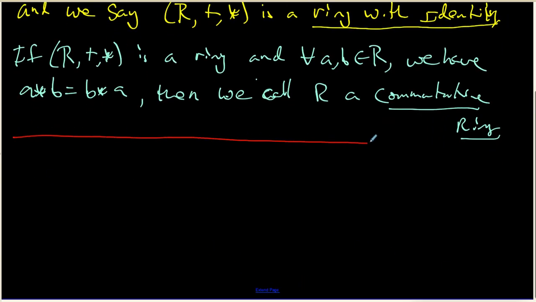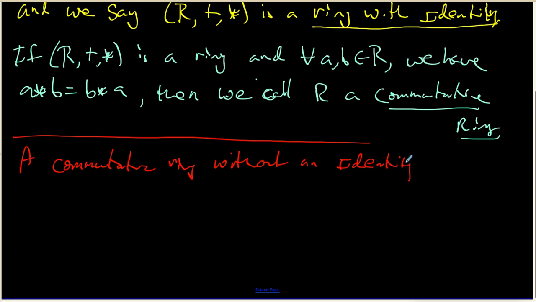A commutative ring without an identity element. Well, I don't want to work very hard. I'm just going to look at the set 2 times Z. And 2 times Z is nothing more than 2 times n, where n is an integer.